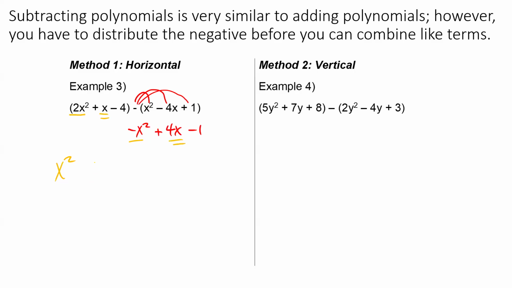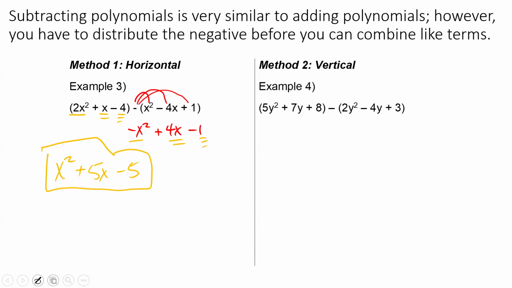What does that make? 5x. And then we have negative 4 and negative 1, which makes negative 5. So the only difference here is before you can do anything, you have to distribute.